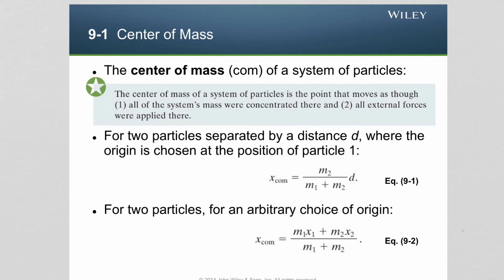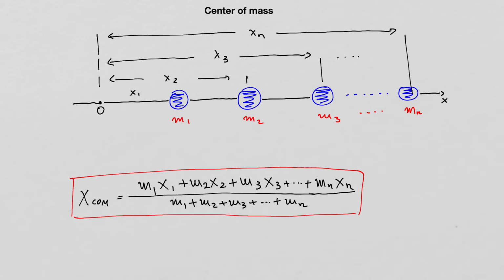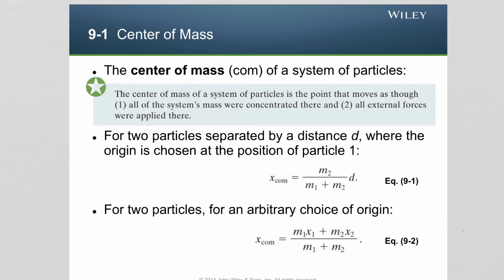So notice that in the general formula for the calculation of the center of mass, the first term is the mass of the first particle times the position of the first particle, or the coordinate of the first particle with respect to the origin, plus the mass of the second particle times the distance of the second particle from the origin. In our particular example, the particle m1 was located at the origin, therefore the distance from the origin was 0. And thus, the first term in the numerator is 0.